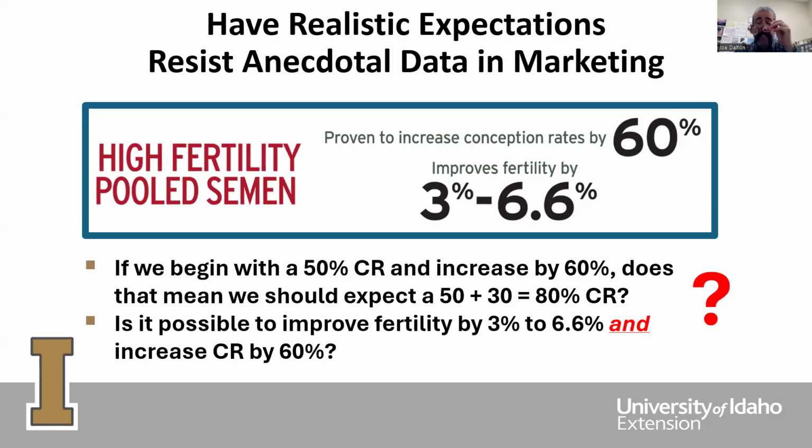I had to take my glasses off when I saw that, and I thought, really? 60%? And then the line below it says improves fertility by 3 to 6.6%. So I'm shaking my head, trying to clear the cobwebs, cleaning my glasses off. And I'm thinking that first bullet point below there, if we begin with a 50% conception rate, and if we can increase that conception rate by 60%, does that mean we should expect an 80% conception rate?